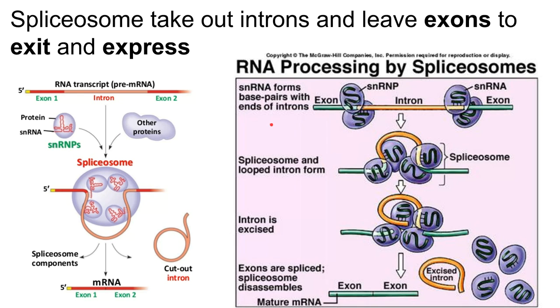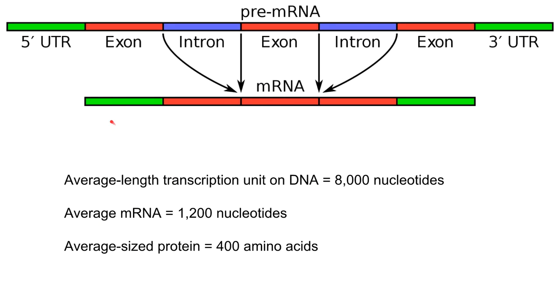So introns and exons, people can get these mixed up. Exons, exit, and express. So we are snipping out the introns and we are putting together the exons. So again, we cap it and then we cut out the introns and we end up with a transcript.